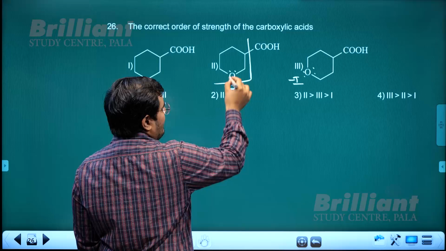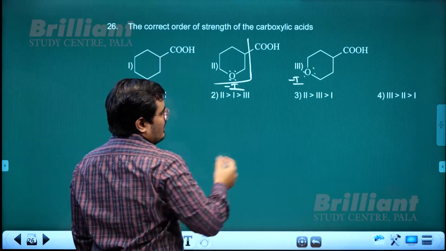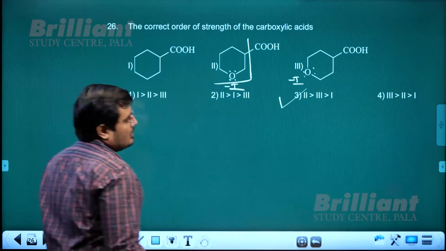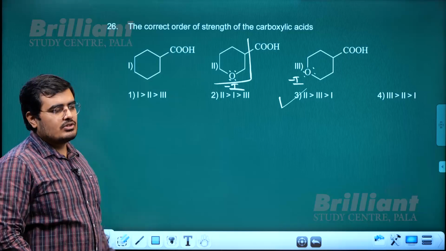That is the reason why the second will be more acidic than the third, which will be more acidic than 1. So the answer will be option 3, based on inductive effect or the effect of substituents on the strength of the carboxylic acid.